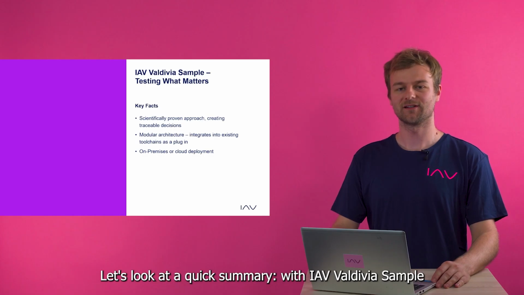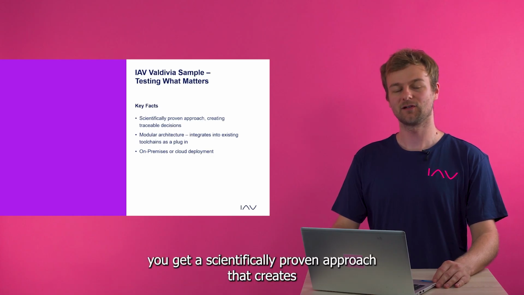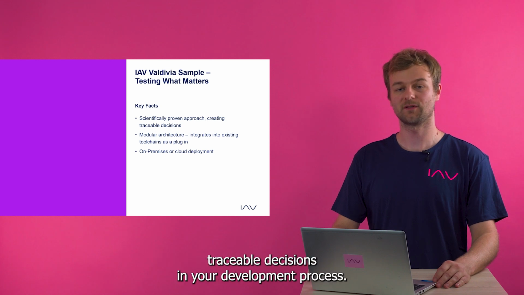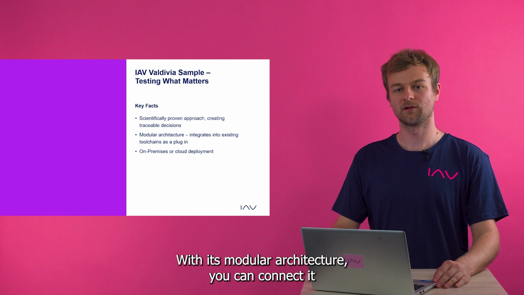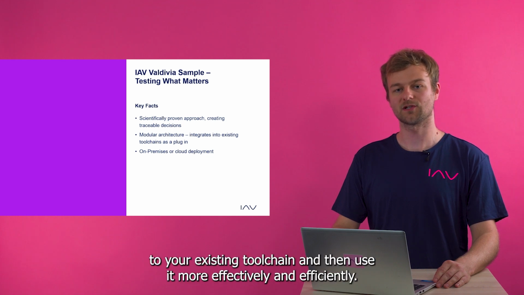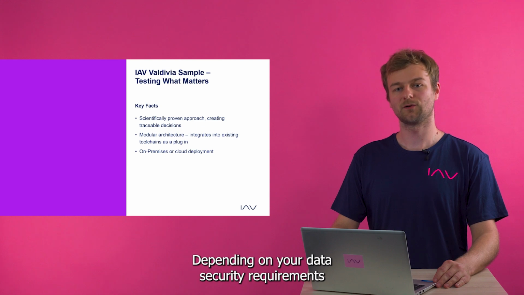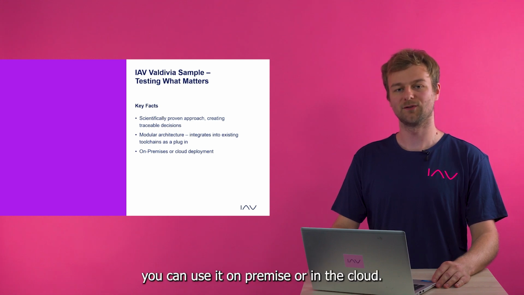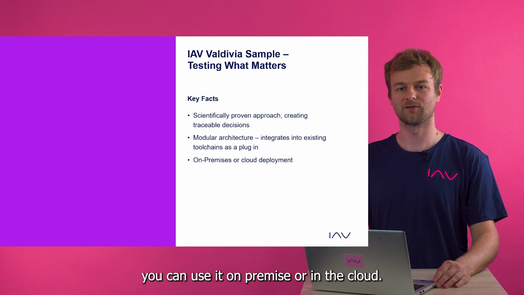With IAV Valdivia Sample, you get a scientifically proven approach that creates traceable decisions in your development process. With its modular architecture, you can connect it to your existing toolchain and then use it more effectively and efficiently. Depending on your data security requirements, you can use it on-premise or in the cloud.